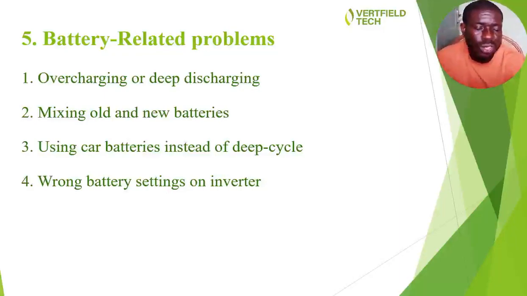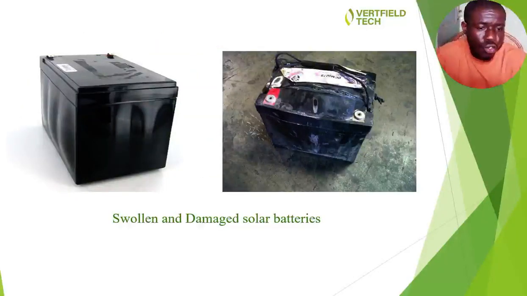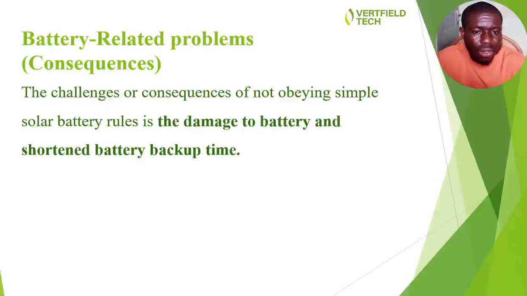You have to do these settings manually, and if you do them wrongly, this can actually lead to system failure. So you can see swollen and damaged solar batteries. They are both swollen and they are damaged, as we have told you earlier. So what are the consequences of battery-related problems?